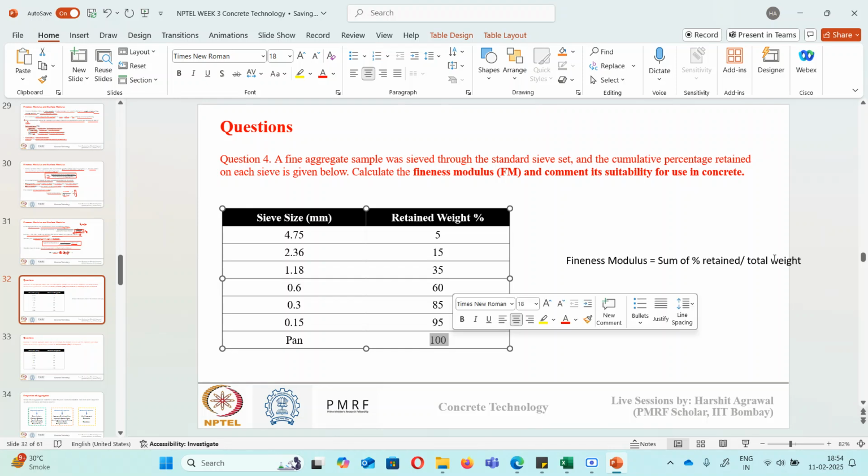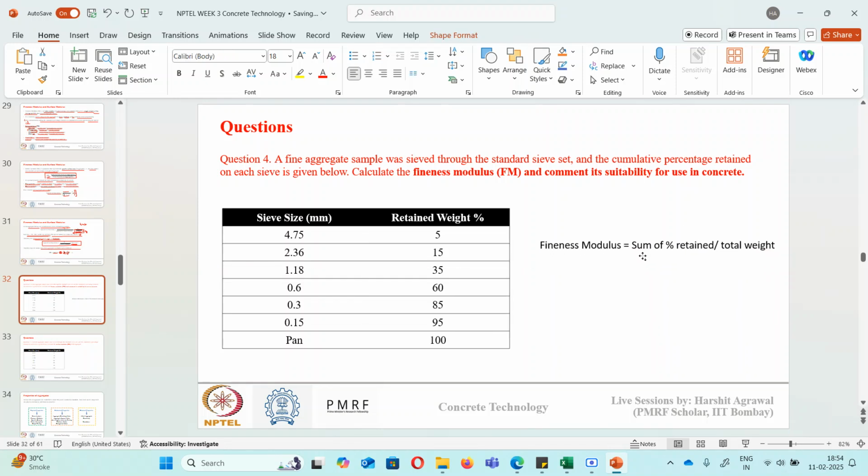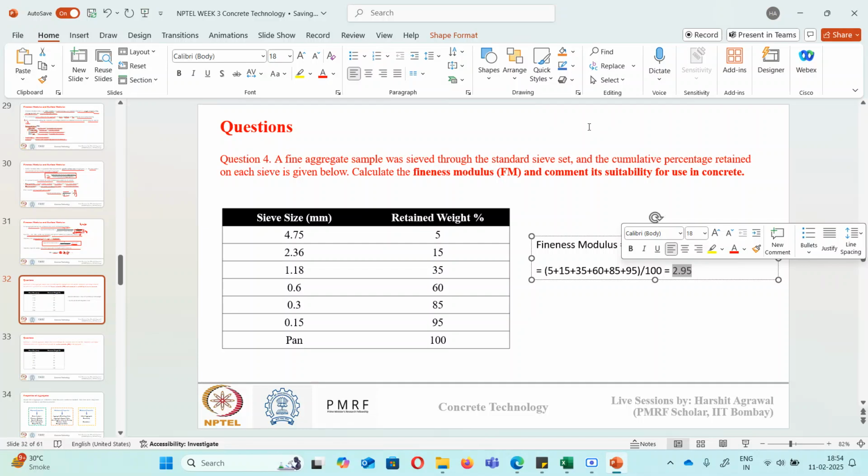So I can write the sum of percentage retained as 5 plus 15 plus 35 plus 60 plus 85 plus 95 divided by 100. When you do the calculation, you will get the fineness modulus as 2.95. So this is the fineness modulus of my fine aggregate.